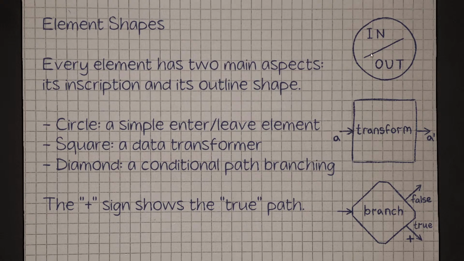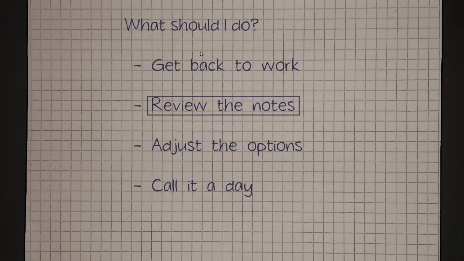For instance, it explains that circles are inputs and outputs, the square is a transformation of something, the transformation depends on the icon there, and the diamond shape is something that branches, so it usually has 2 outputs. One is for the false and another one for the true branch.